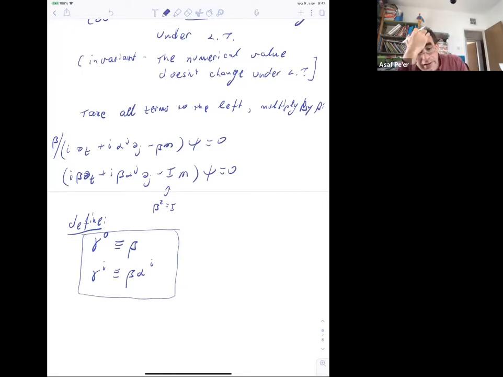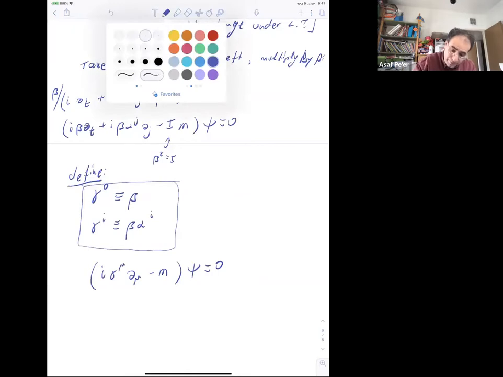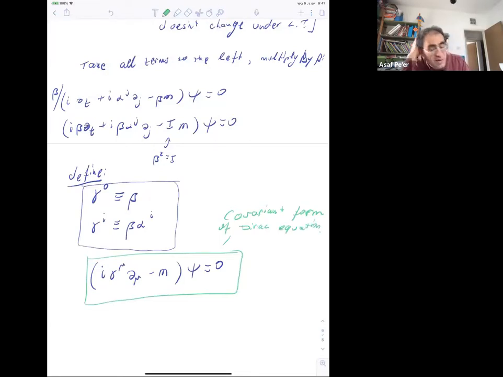And when I write it down like that, I have a very compact form of Dirac's equation, which is I gamma mu d mu minus m, psi is equal to 0. The covariant form. You don't have to do much.